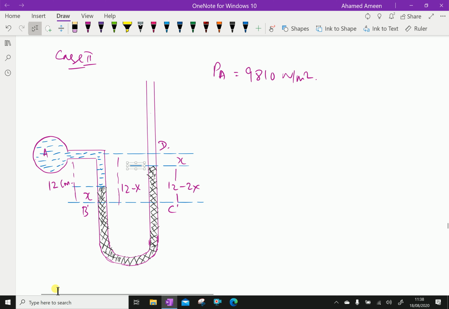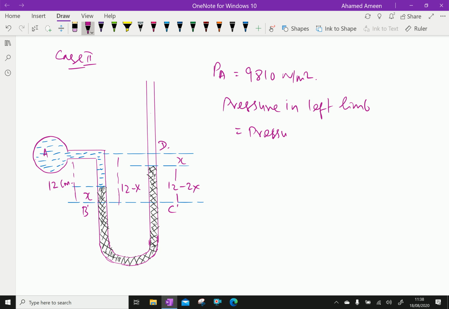We can work with that new arrangement. Look here. The pressure in the left limb equals the pressure in the right limb.